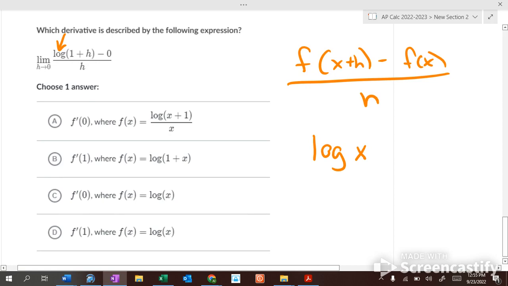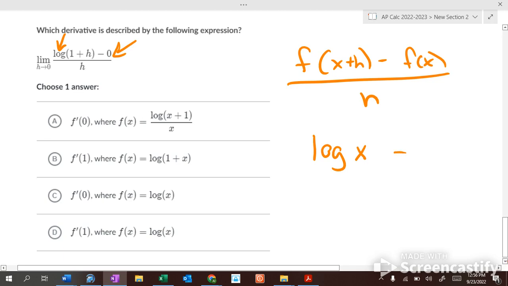Well, on your calculators, what's the logarithm of 1? If you take out your calculator, what's the logarithm of 1? It is 0, right? The logarithm of 1 is 0. Hey, there's a 0 there.